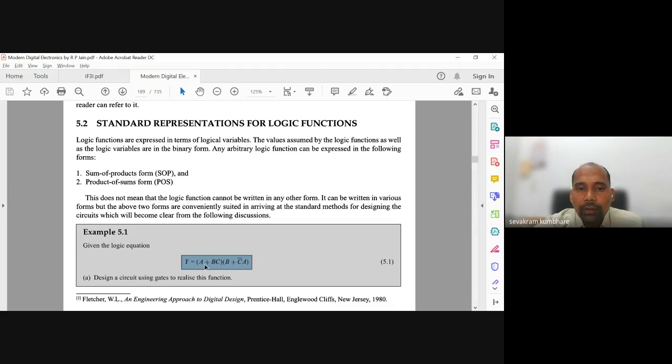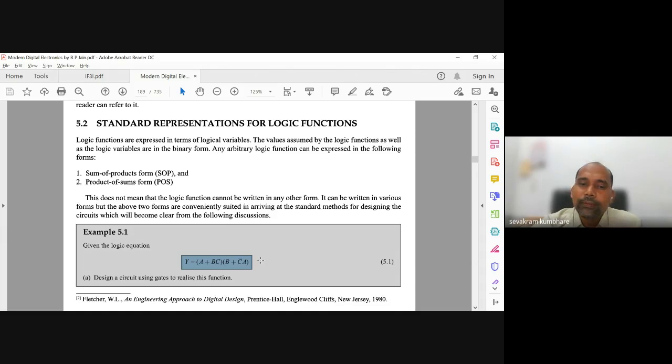First the sum will be executed, and after that the product will be taken between these two. Means first sum and then product, means product of sum. So that's why this is a product of sum expression, not sum of product.